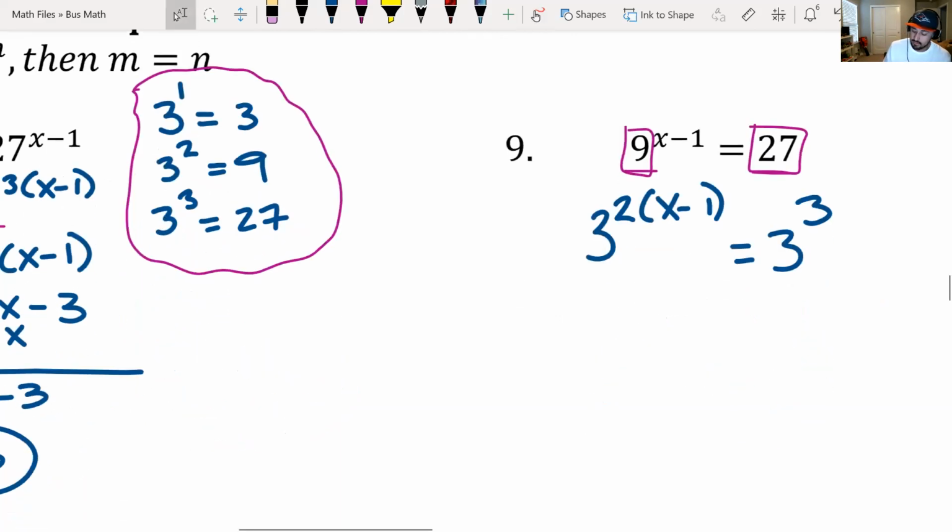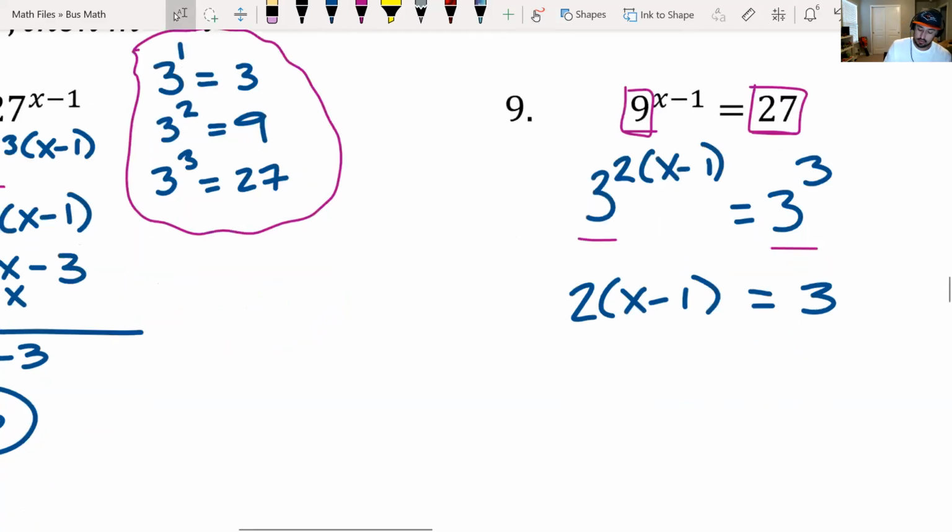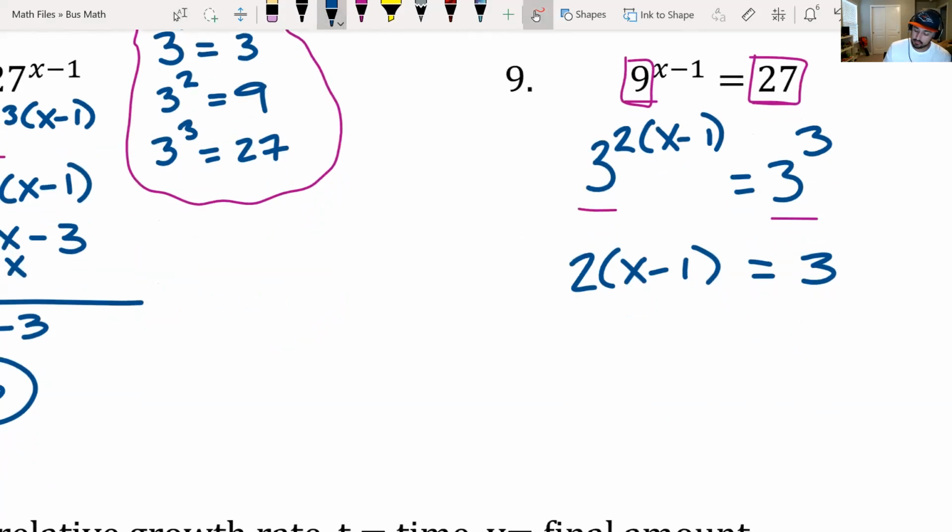Okay. Now we have the same base. Set your exponents equal to each other. And we get 2x minus 2 equal to 3.